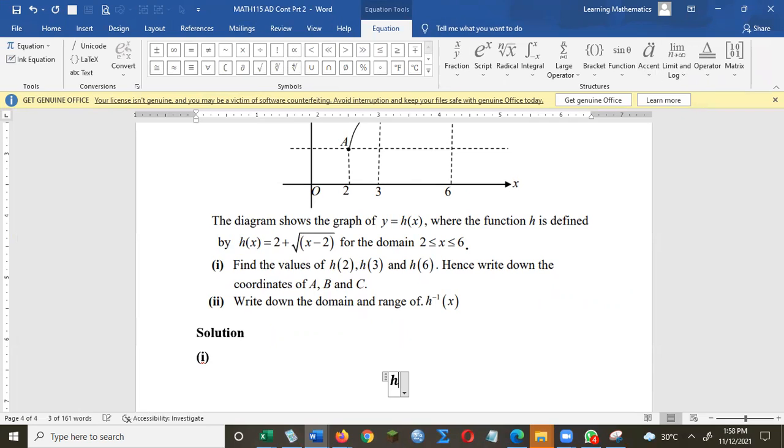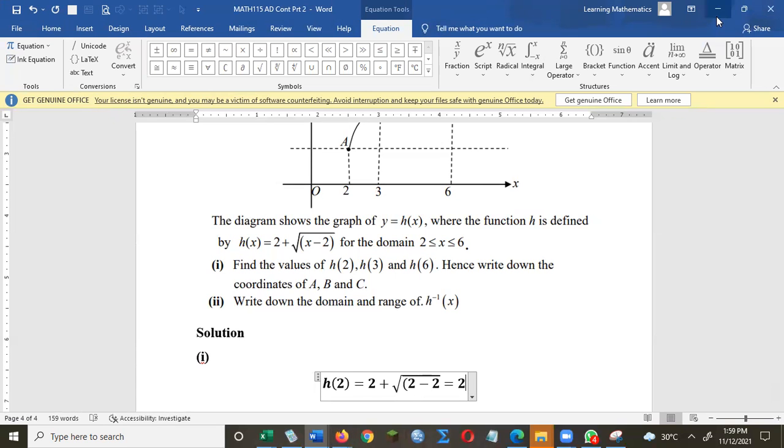So h of 2 is equal to 2 plus the square root of, open bracket, so always where we see x, we have to put 2. 2 subtract 2 equals 2 subtract 2 is 0, the square root of 0 is 0, so h of 2 is 2.